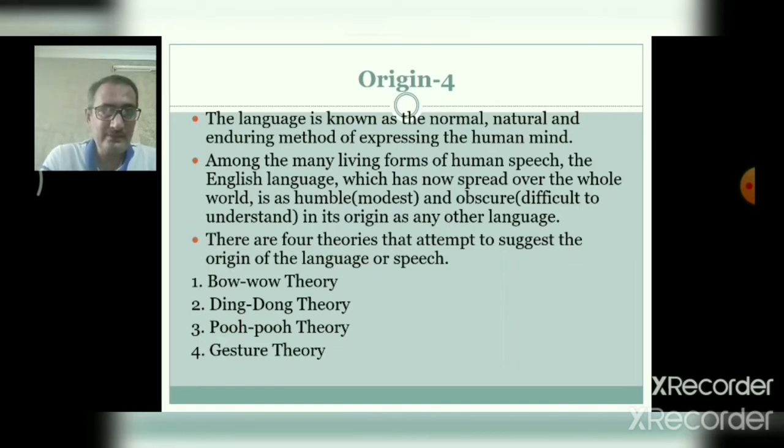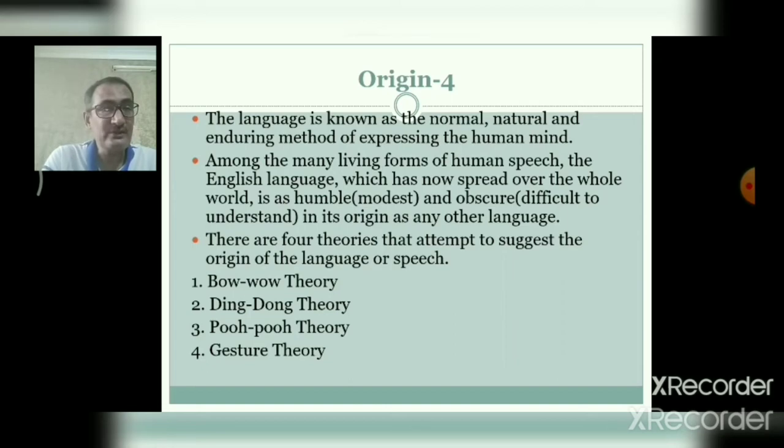But different linguists, different scientists, different anthropologists, they have presumed certain theories of development of human language in general. I am not talking about only English language. I am talking about human language in general. There are 4 different theories that attempt to suggest the origin of the language or speech.